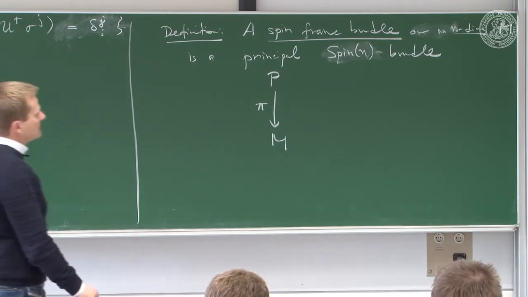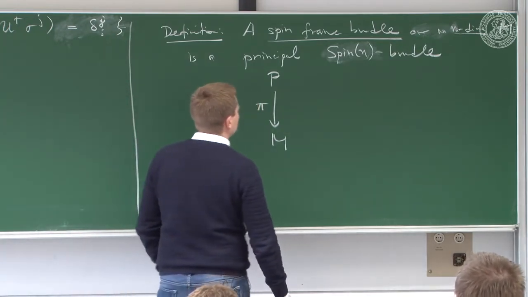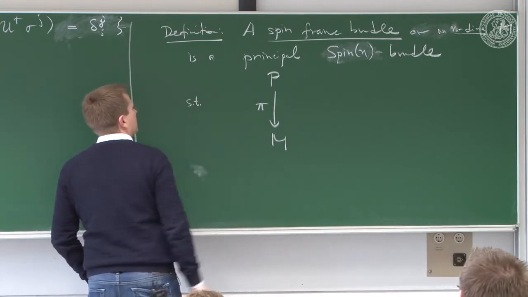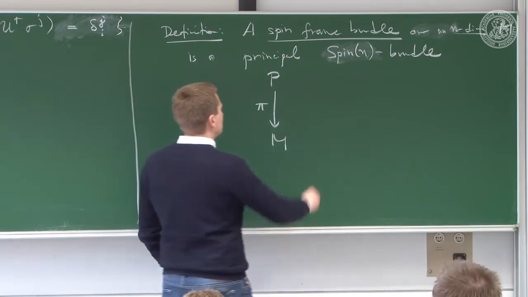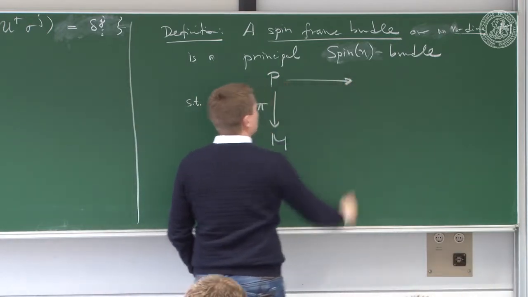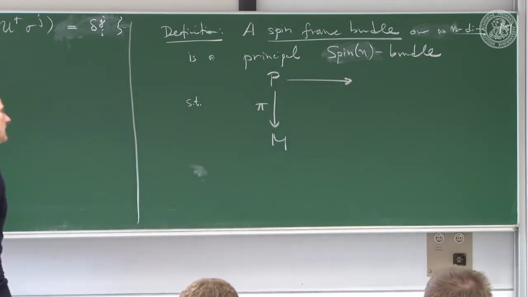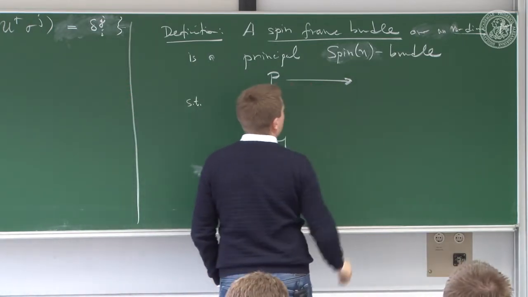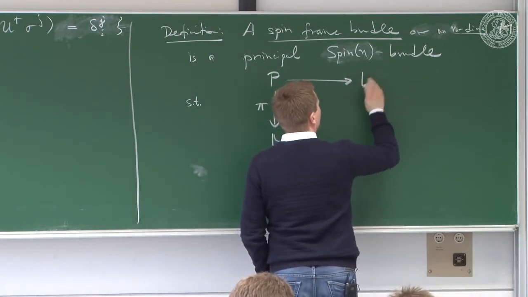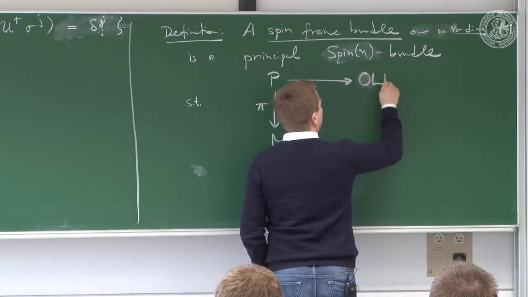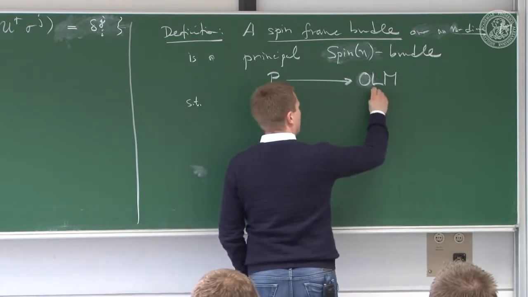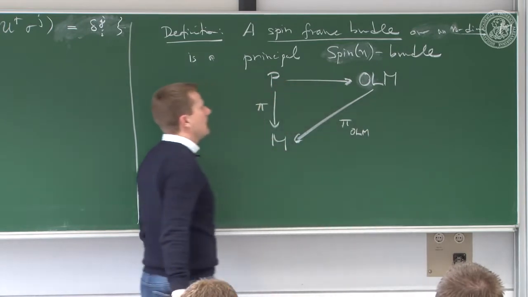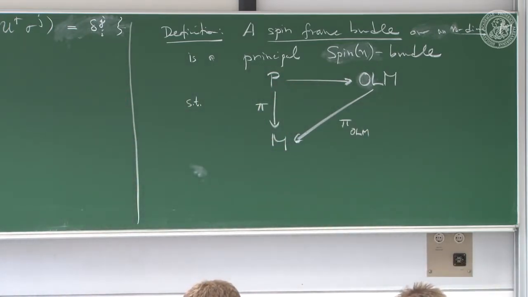It's a principal spin n bundle such that the whole diagram is such that from there I have a map to the orthogonal frame bundle OLM over M. So this is the pi of the orthogonal frame bundle. Well, you know what the frame bundle is, LM.